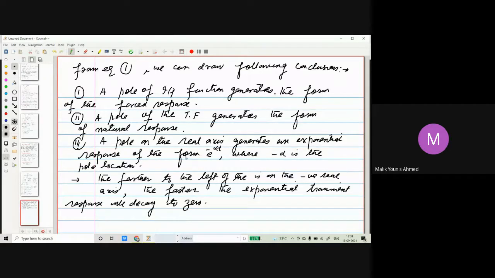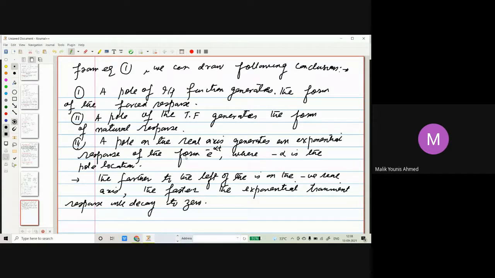If the pole is farther to the left, at a distance from the origin, it is a very far away value on the negative real axis, then the exponential transient response will decay to zero very fast. This has to be remembered.